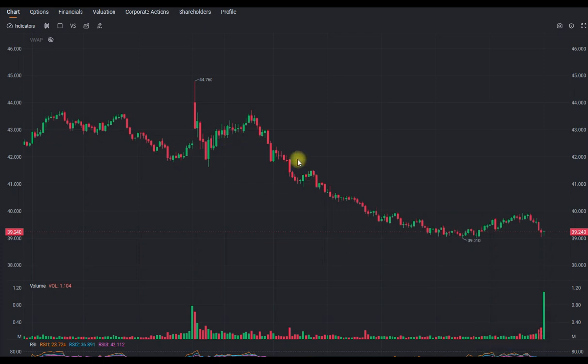Yeah, 42.80. The risk was wow, 40, almost $1. So a lot of risk. $1 in this case is more than 2% to get $5. Not $3. 3 to 1. Unclear pattern, especially in the morning.